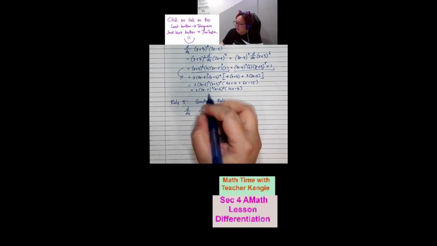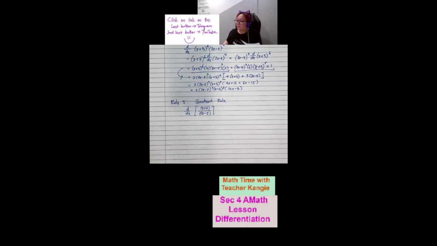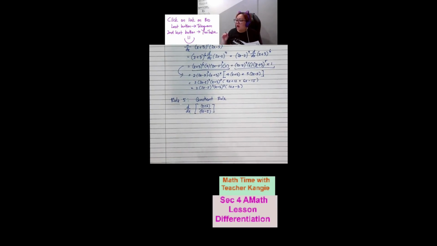Okay, so x plus 3 and 2x minus 5, for example. Okay, I want to differentiate this. So, how do you know whether you use quotient rule or you can actually use other rules? Would it be easier to set the first and second term into u and v? Actually, I don't.